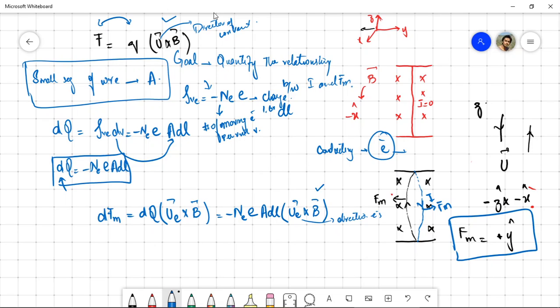So what he's trying to do here is convert this vector form of velocity into its scalar form, and then convert this scalar dl into its vector form. How can he do that?